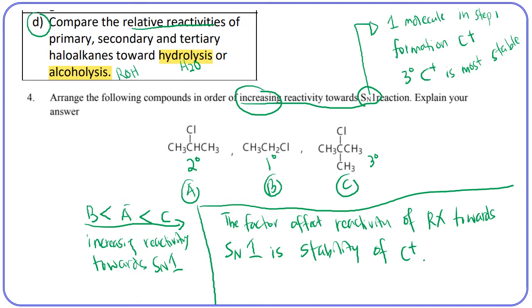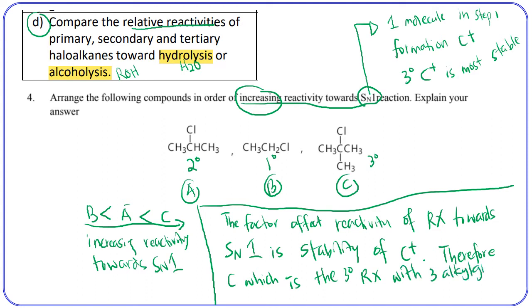Therefore C, which is the tertiary haloalkane with 3 alkyl groups, is most reactive towards Sn1.